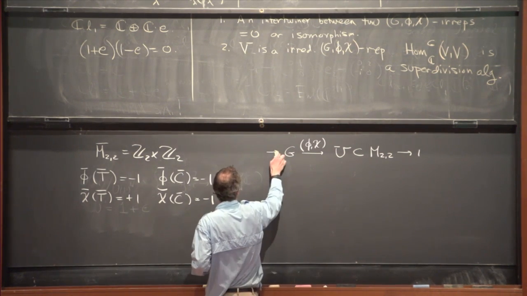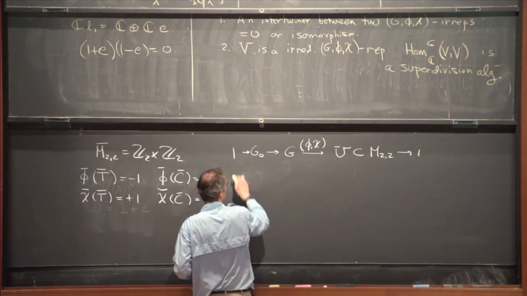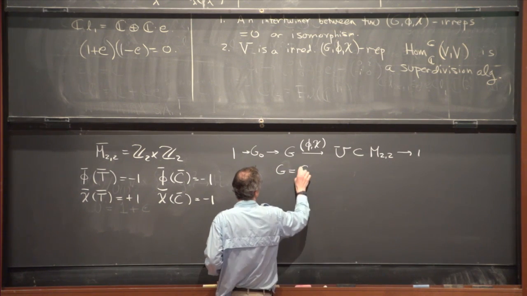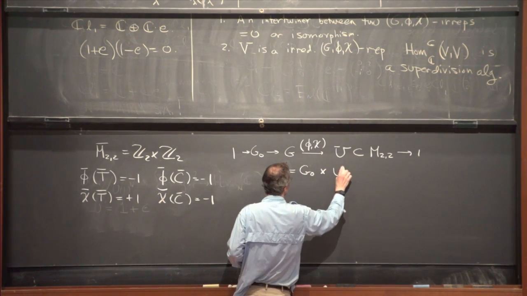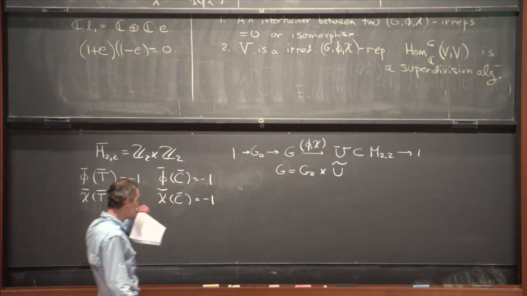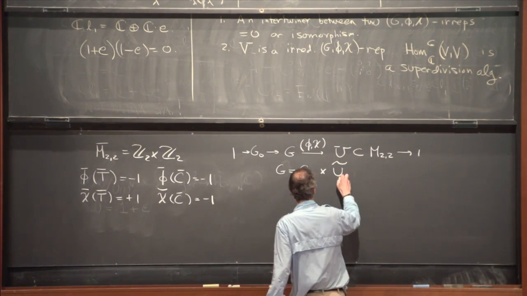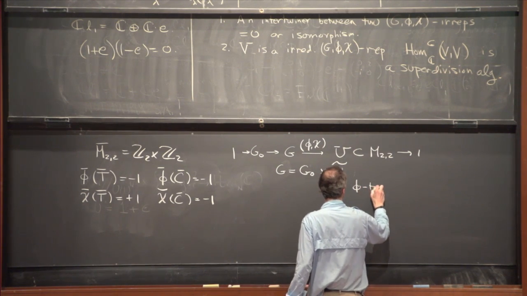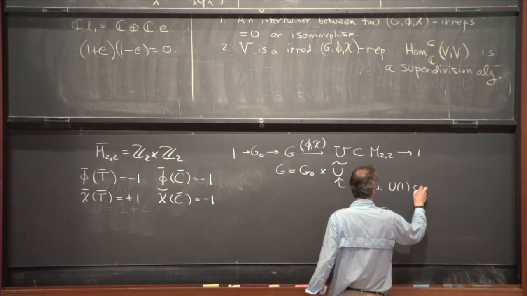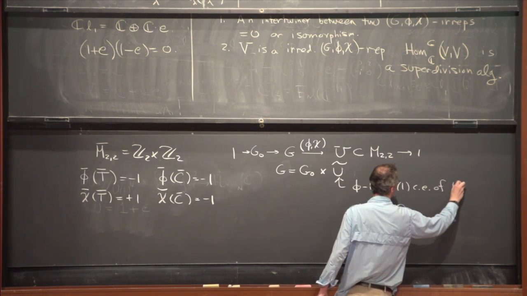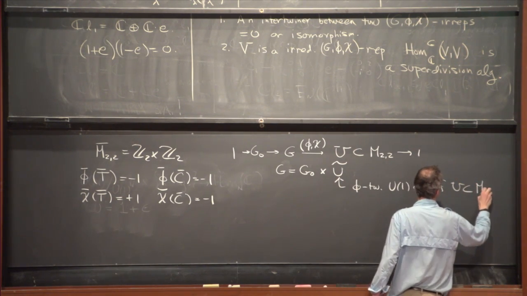So this will have a kernel, and again, let's make the simplifying assumption. It's not true in general, but let's assume that G is G naught times U tilde, where U tilde is a phi-twisted U1 central extension of a subgroup U of M22.